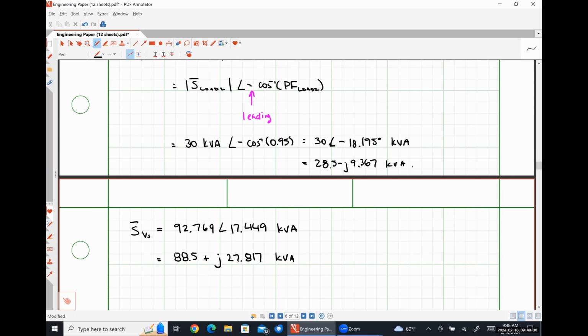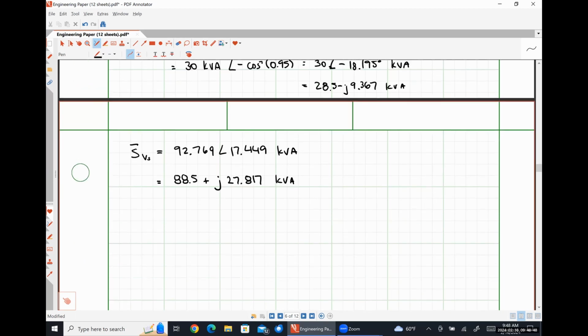So after all of this work, we now have enough information to determine the power factor at which our voltage source is operating. So somebody tell me how we're going to do that. Yep, cosine of the angle. Absolutely right. So the power factor at which our voltage source is supplying power is going to be just the cosine of 17.449 degrees.